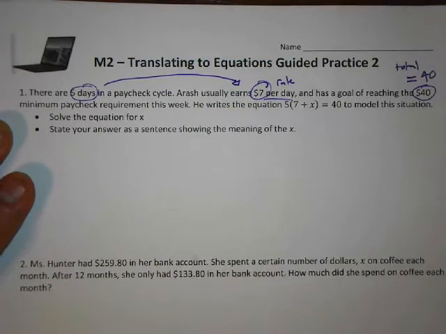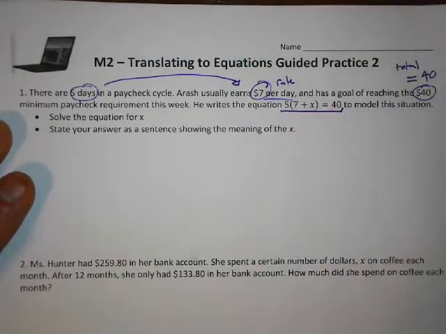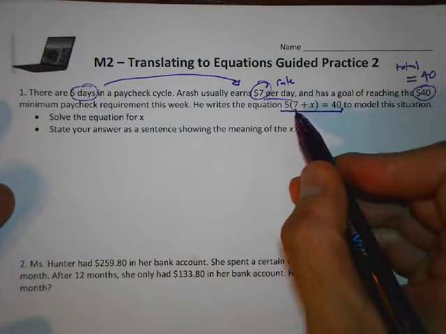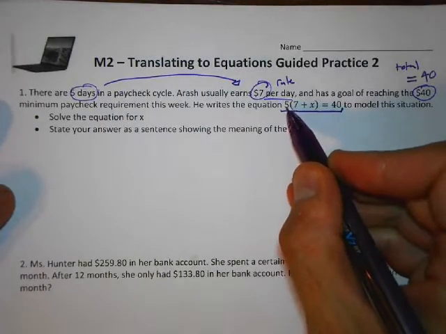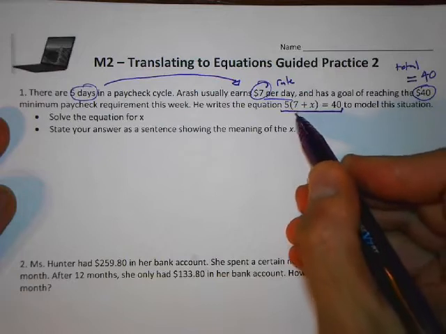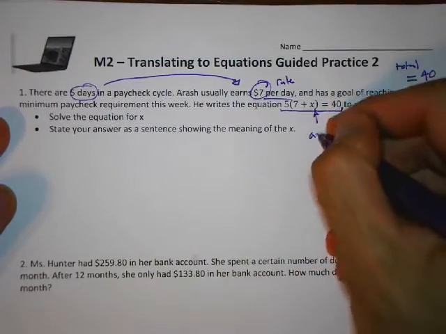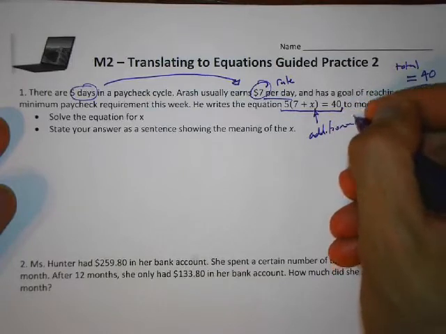It's 40. And somehow he got this equation, 5 times the quantity 7 plus x is equal to 40. So let's think. 7 is how much he's earning per day, and he would normally multiply that by 5 to reach his goal. But in order to get there, he needs to add something additional. So x has got to be the additional money he needs to earn.